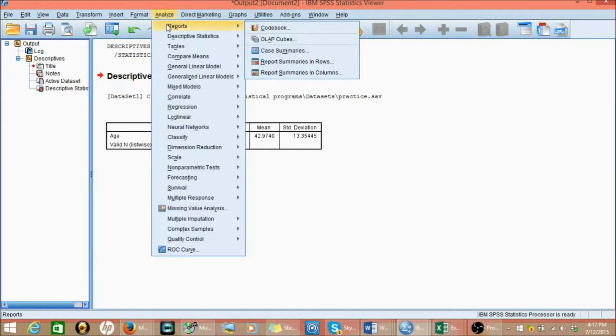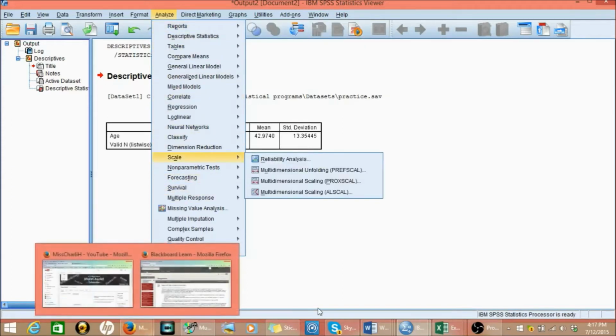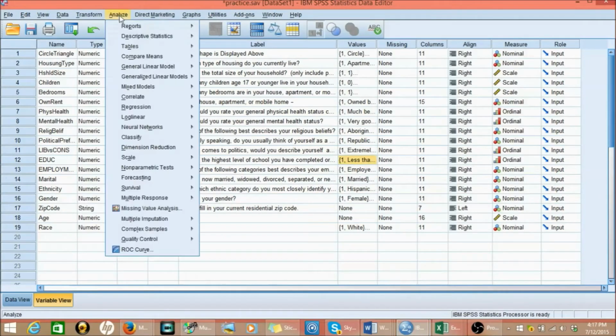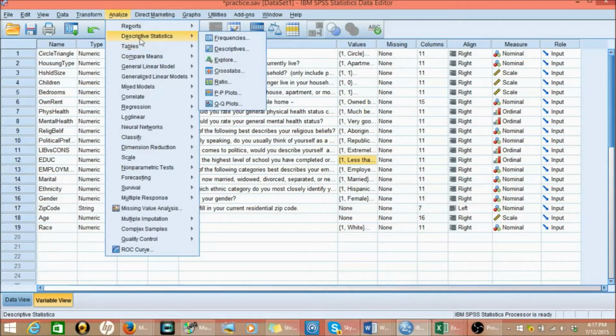I can also go into the data and I can run, and you'll notice I can run it from here. I don't have to always go back to my other window. But I can go in here and let's run some frequencies.